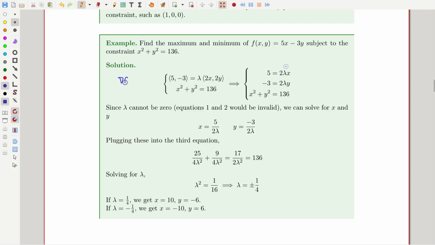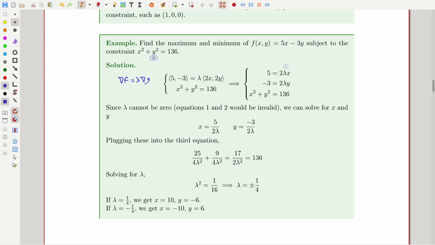When I do these things by hand, I normally write out the Lagrange condition. I should look it up and remember it. But yeah, I normally start by writing this out and then I do the calculation, but it's up to you. All right, so the x derivative of f is going to be 5. Yes. The y derivative of f is going to be -3.